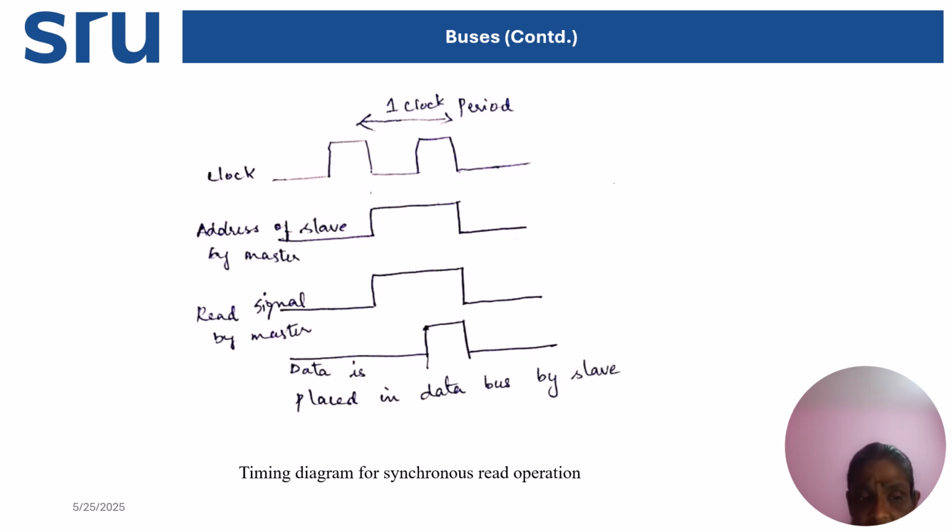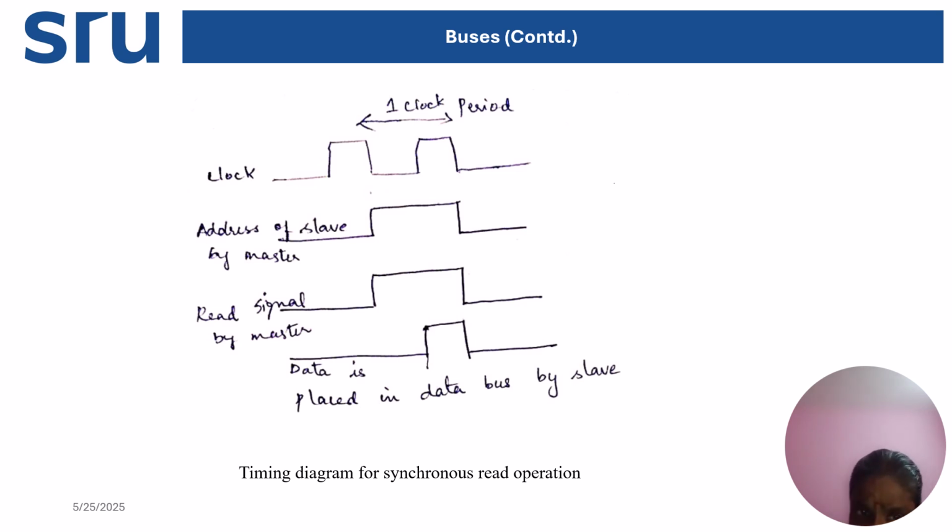And then the read signal by the master: I want to read your data. So first, in both falling edges, the address is put, and then the read signal, because what I want to do is perform the read operation. That is why the read signal is sent by the master.